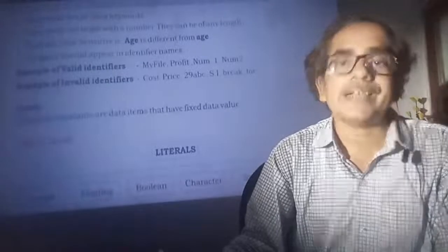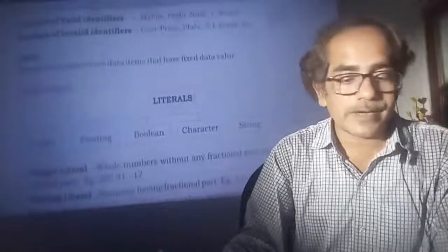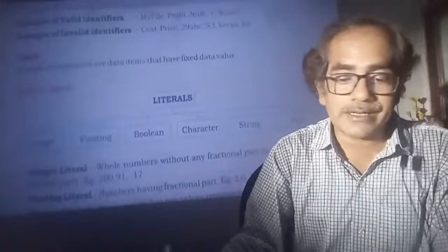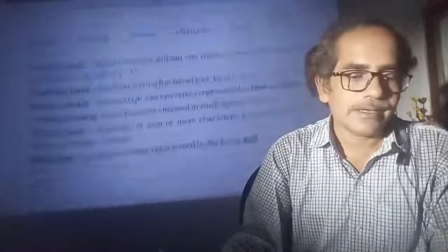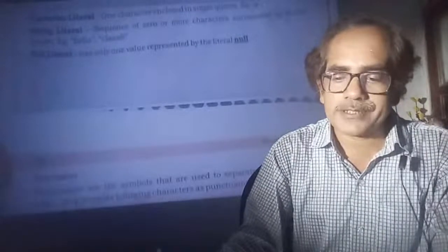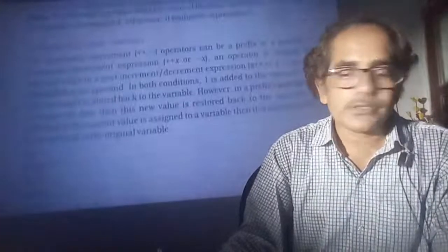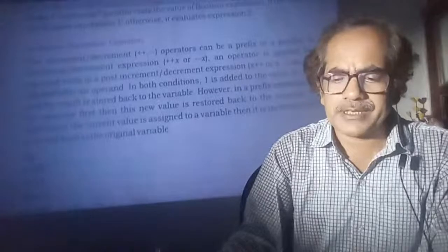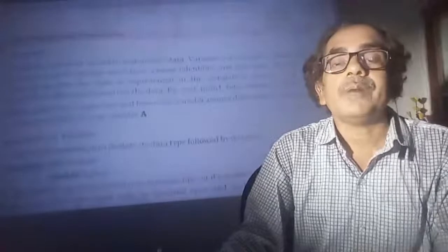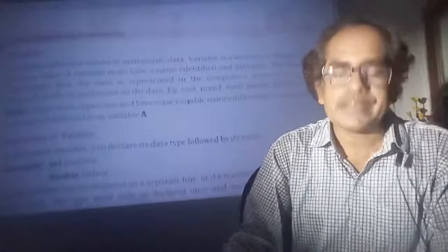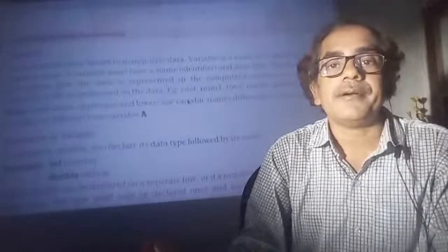Though the types of literals are also given, I have not considered them right now. Later on I will consider literals, then punctuators, and then operators. Right now it is to know about the types. Though variable is separately given, I consider everything as identifier.